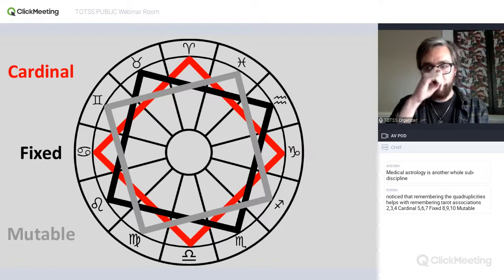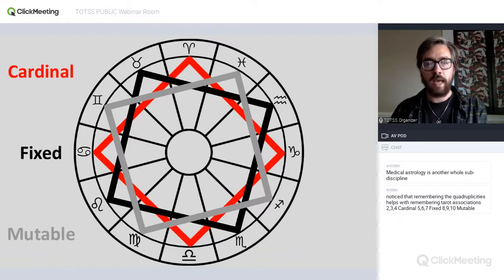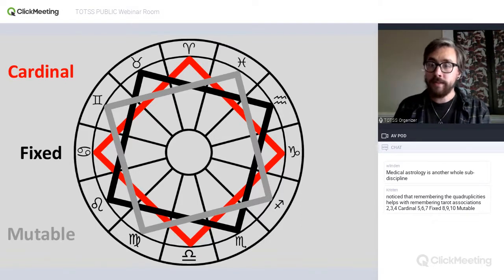And then the black square touches the 4 fixed signs, which are the middle of the seasons, right? Taurus, middle of spring; Leo, middle of summer; Scorpio, middle of autumn; and Aquarius, the middle of winter. And then the gray square I've got there touches the 4 mutable signs, which are the end of the seasons. And again, it's significant that the shapes drawn by connecting the cardinal, fixed, and mutable signs is a square.